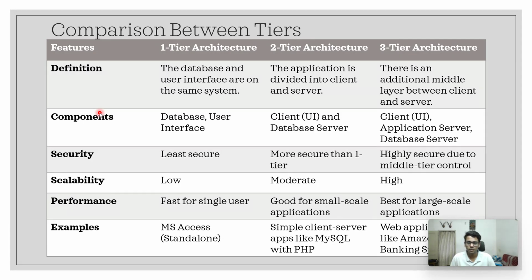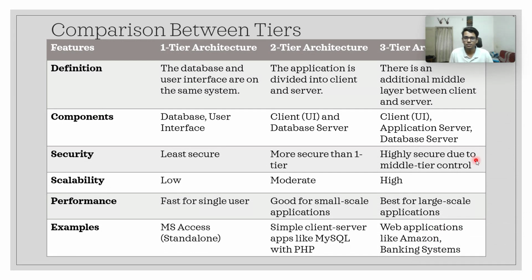In terms of security, the one-tier architecture is the least secure, while the three-tier architecture is the most secure due to the intermediate application layer. The one-tier architecture is not scalable and is generally preferred for small-scale applications, while the three-tier architecture is highly scalable and is used for large web applications.